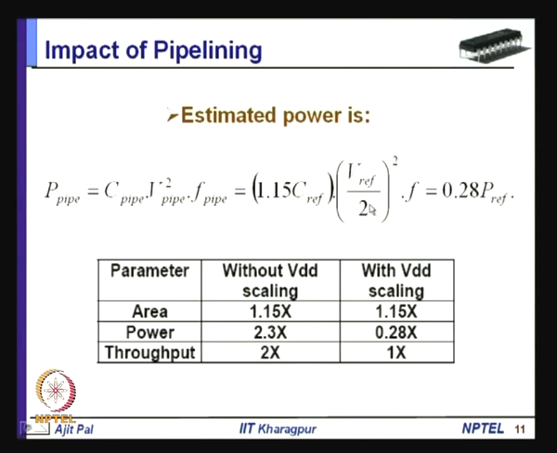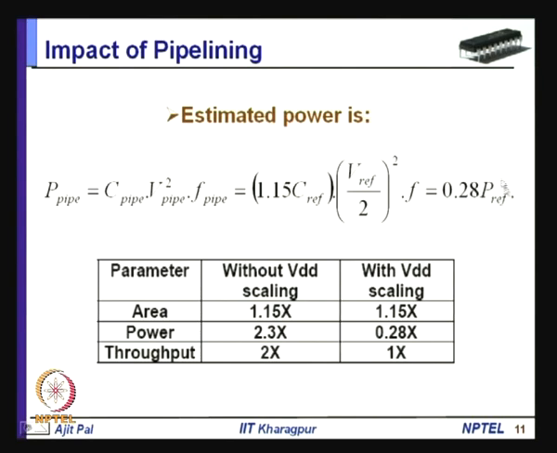So, the power dissipation is 1.15 C reference into V reference by 2 squared, and however, this will be F reference. The reference is missing here, but this is the F reference. If you compute this value, you will get 0.28 P reference.